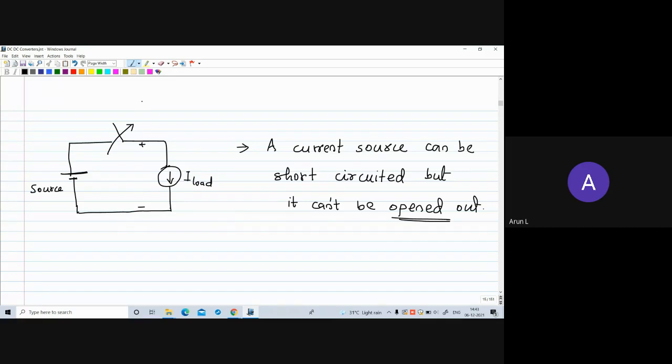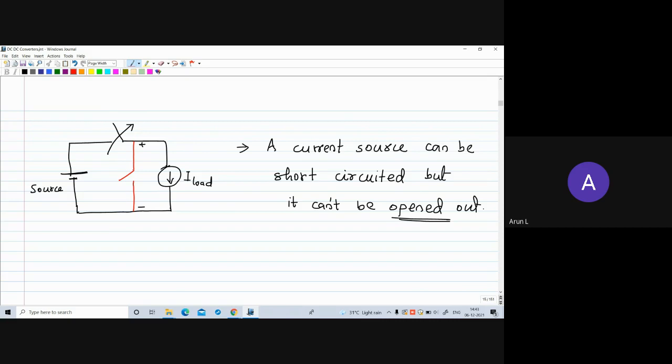So what is the solution? If your load is inductive, we cannot open this switch like this. If you are opening out this switch, some other path has to be provided for the current to continue to flow. So one simple solution is to provide another switch across the load, this current source.